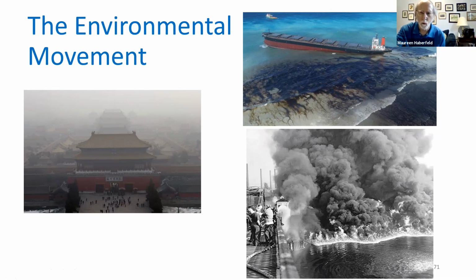There was an oil film at the top of the river, and someone, accidentally or not, decided to set it on fire. That really made the news. These are images that we've all seen, lived through, and they really raised awareness of how we're messing up our environment.